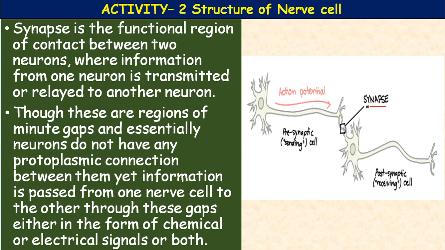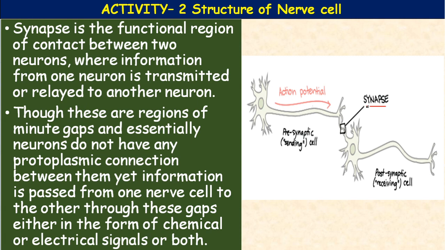Though these are the regions of minute gaps, and essentially neurons do not have any protoplasmic connection between them, yet the information is passed from one nerve cell to another through these gaps, either in the form of chemical or electrical signals, or both.